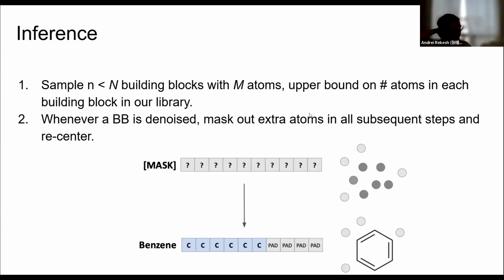Can you ask that one more time? So you have this Gaussian for all your atom positions, but it looks like in these schematics you're always picking the last n positions to be padding rather than actual atoms.